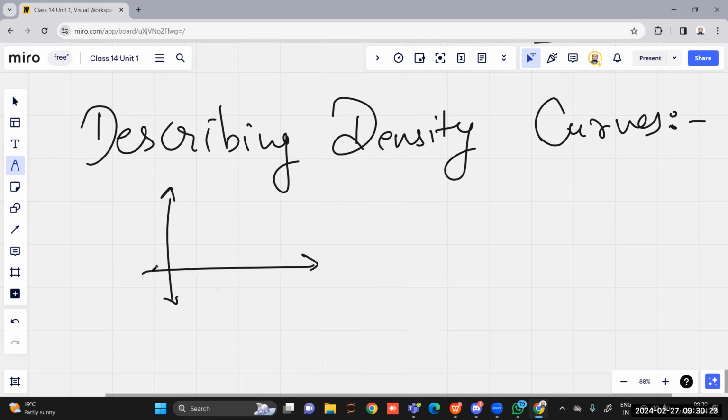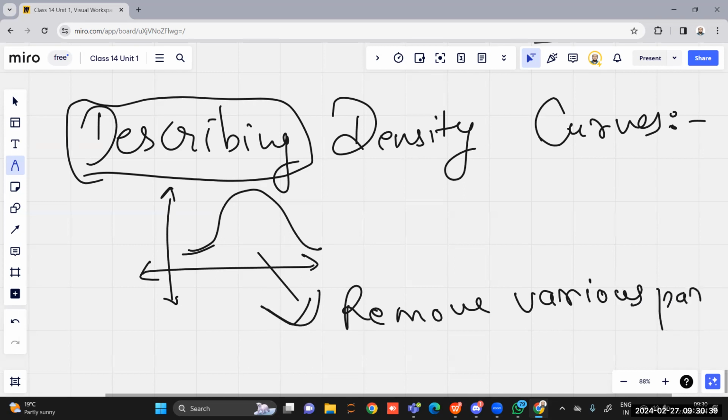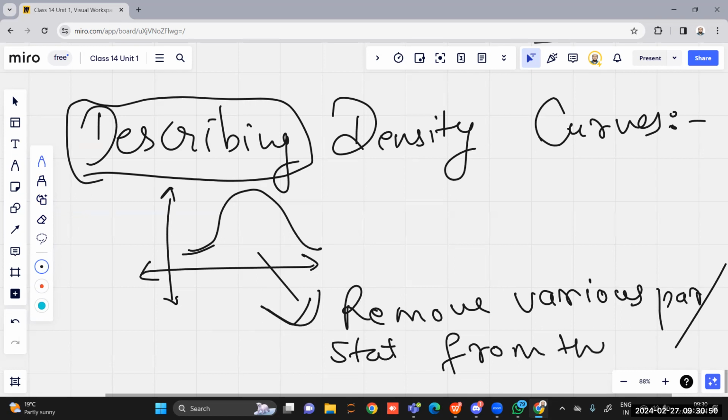When we have drawn a density curve, it can be, as I told you, any shape. So describing means estimating various parameters or statistics from the density curve. That's known as describing a density curve.